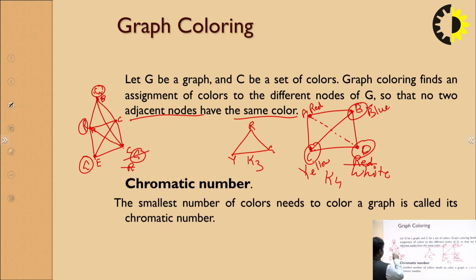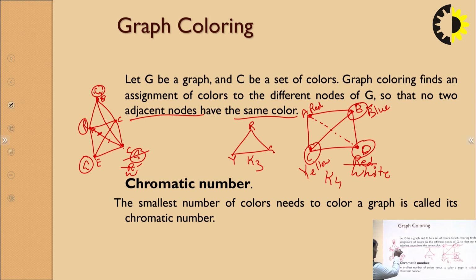If this vertex is not here, then we can put the red color. Here we assign white in this case.